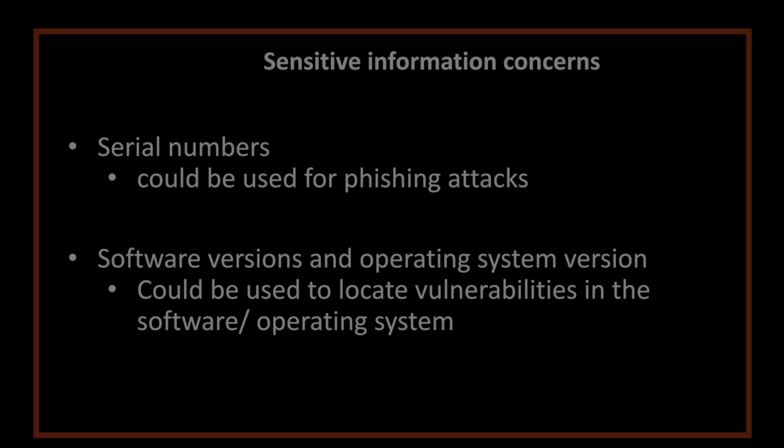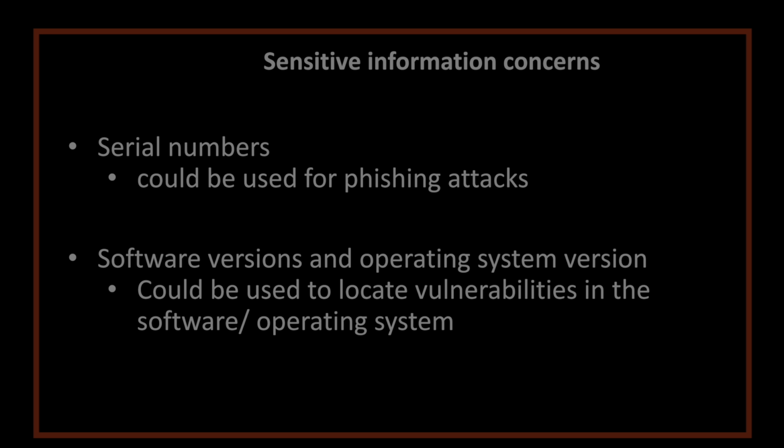So we've had several concerns through this project, one of which would be sensitive information concerns. Working with David Racco, our security manager, we have decided that, first of all, serial numbers would want to be obscured. We don't want the guest user page to show serial numbers due to the fact that then anyone could essentially gather serial numbers that are being used around the school and impersonate a manufacturer and use them for phishing attacks.